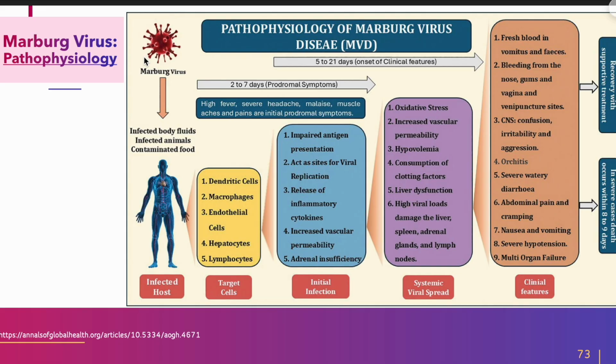After Marburg virus infects the host cell, for the prodromal symptoms, the incubation time is about 2 to 7 days. So you see high fever, severe headache, malaise, and muscle pain in the prodromal symptoms.